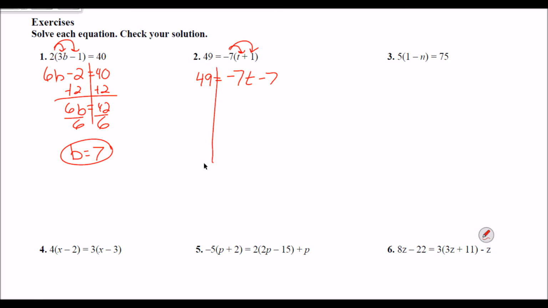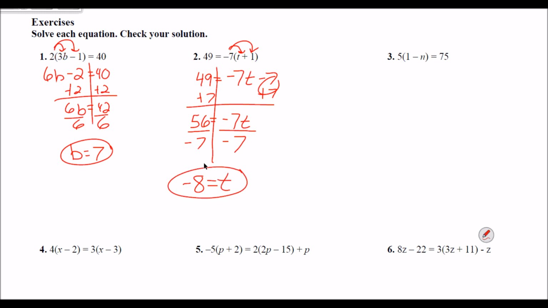I notice that the right side is more important because our variable of t is there, so I want to get rid of the subtract 7 by using addition. That gives us 49 and 7 would be 56. And then the -7t drops down. We want to get rid of -7 by dividing by -7 on each side, which gives us a final answer of -8.